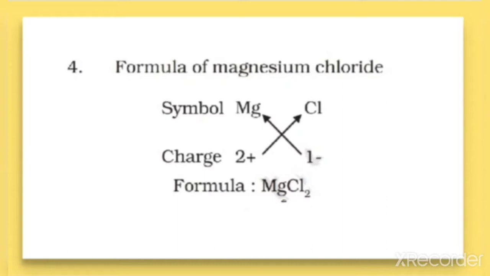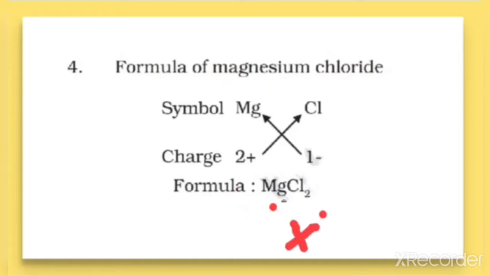So the valency can be taken in the form of charges, and these charges get completely balanced. Why does it get completely balanced? Because when you find the overall charge for magnesium chloride, there is no net charge. As the first rule says, it completely gets balanced.